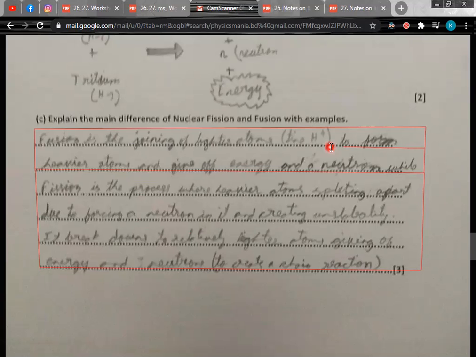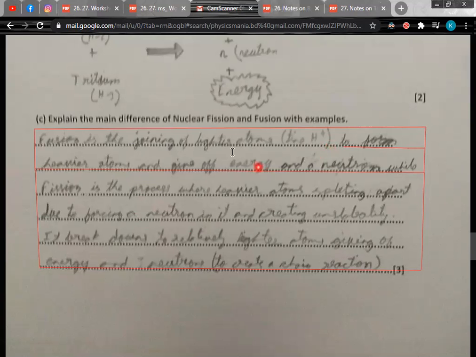And nuclear fission is happening where? In the nuclear reactor, nuclear power station. Yes, sir. Okay, so these ideas you should bring here. That's it. Okay, done. Go to the next.